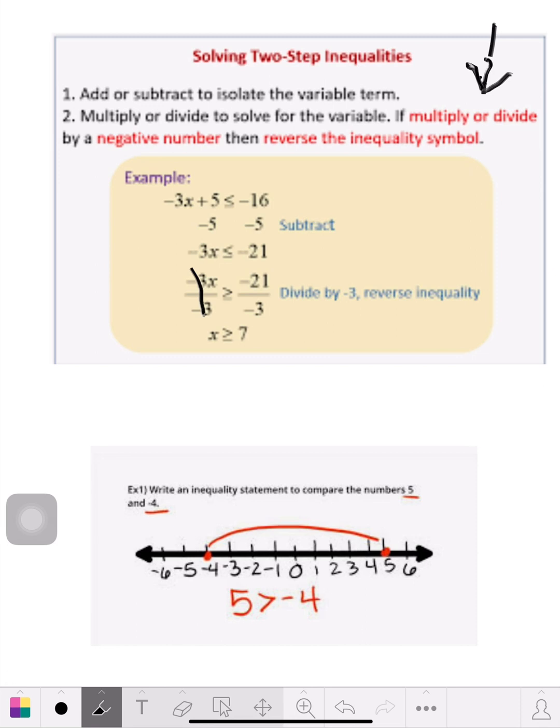Now we have negative 21 divided by negative 3. And now you know a negative divided by a negative is going to be a positive. Okay, so we flip the sign. So now we have greater than, and we change it to a positive. So the answer is x is greater than or equal to 7. And that's how to do that.